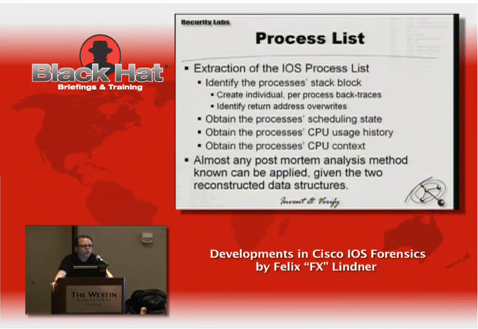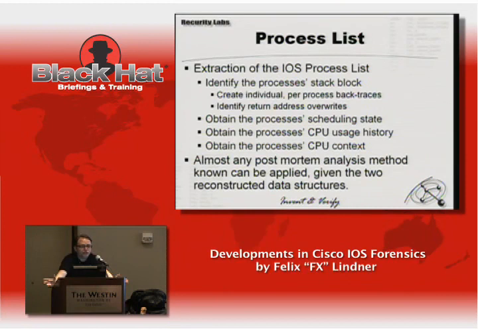And then, of course, we reconstruct the process list. The process list is essentially a central array, and it's the data structure that they use to manage their so-called processes, being threads, which enables us to identify the process stack block and create individual per-process backtraces, not just the one that iOS thought would be relevant, but backtraces for each and every process that was running on the router.